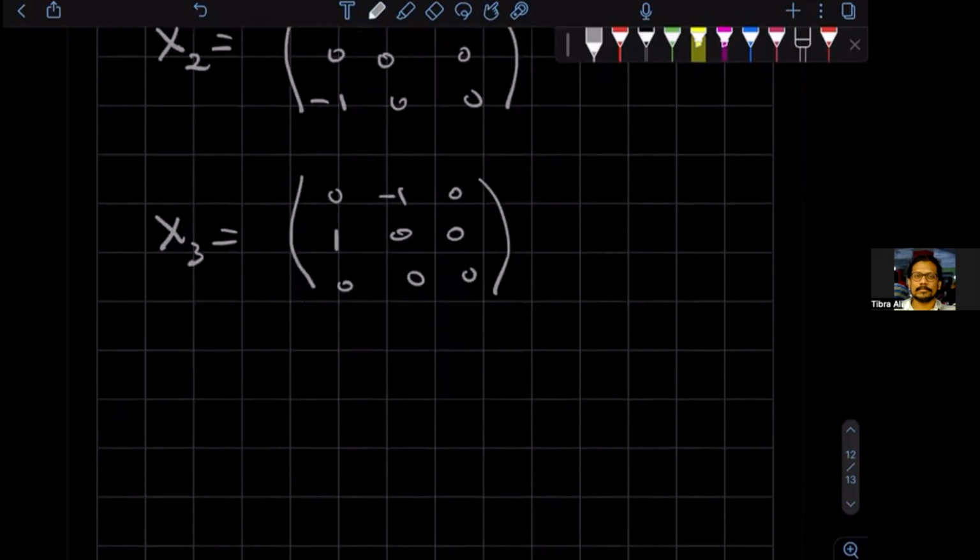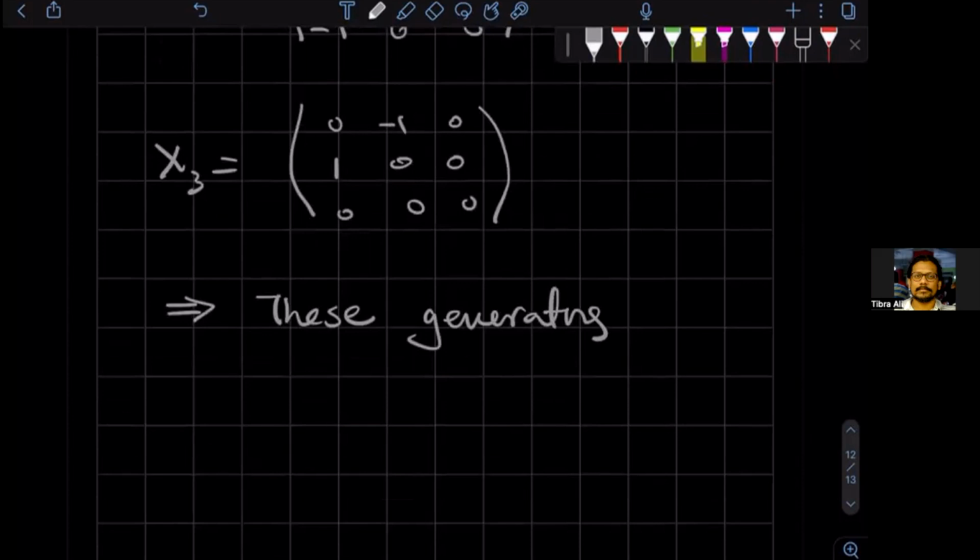So these generators, I'm going to write in the physics convention because that's what we will be using.